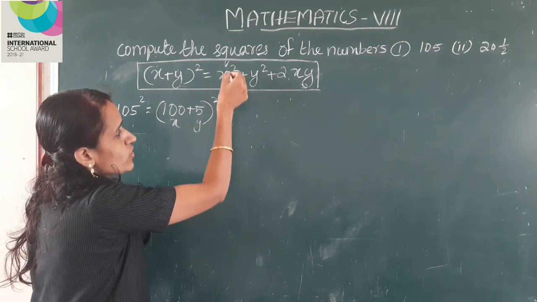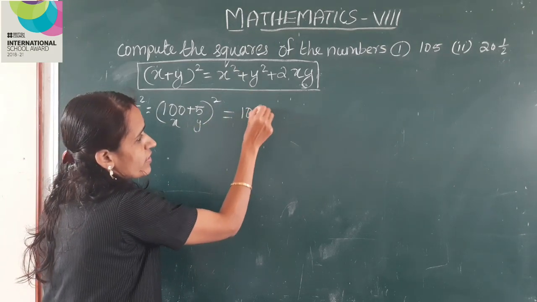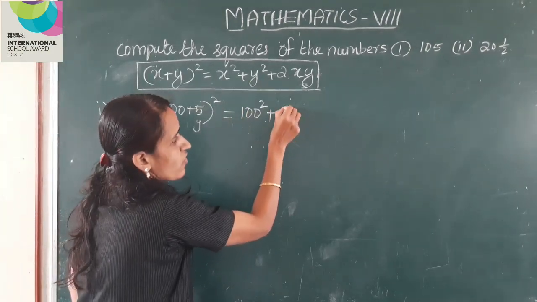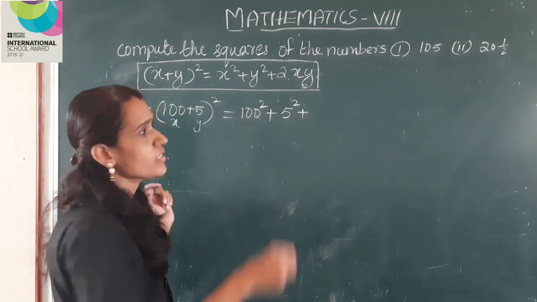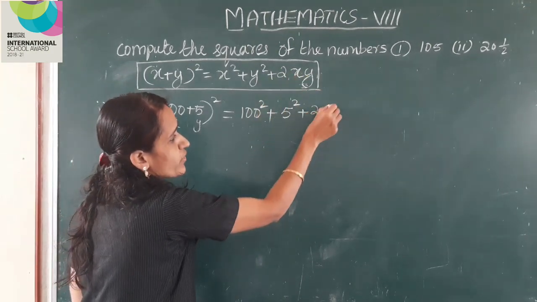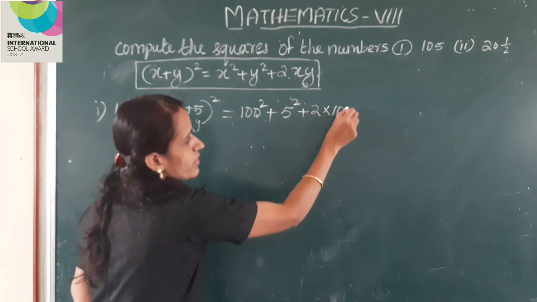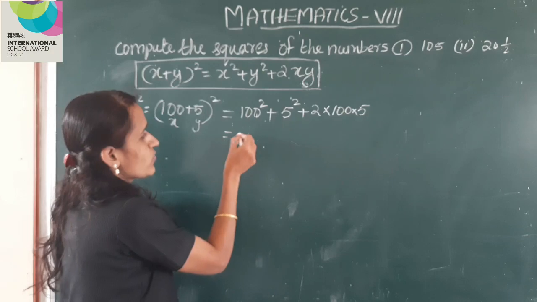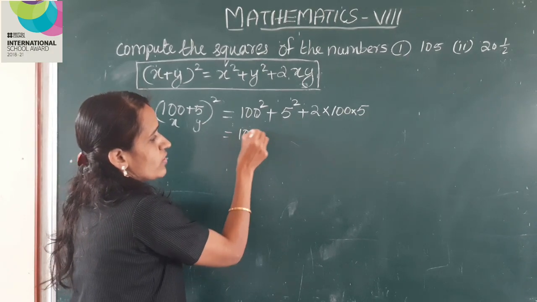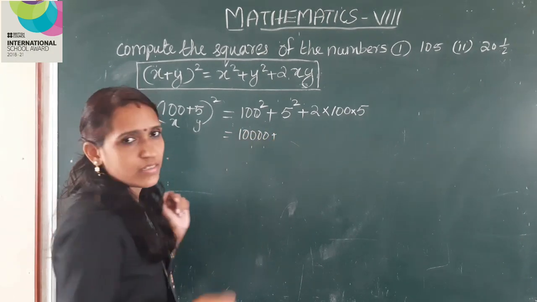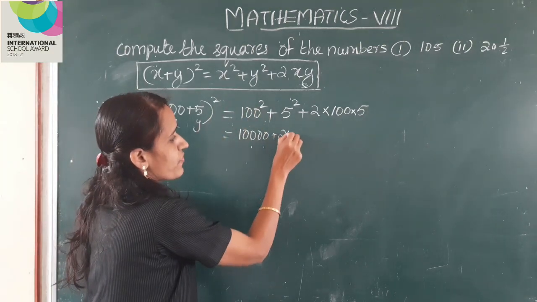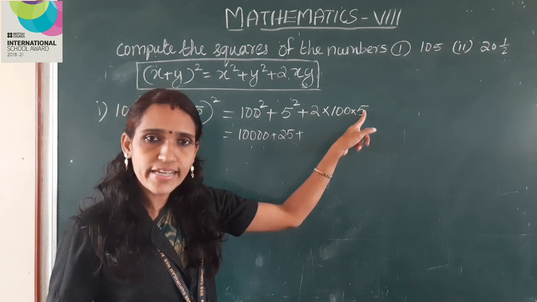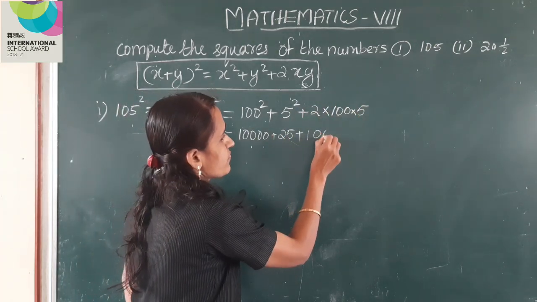This is equal to x square, that is 100 square, plus y square. Here y is 5, 5 square, plus 2 into x into y. 2 into x is 100 into y is 5. 100 square is equal to 10,000. 5 square, 25, plus 2 into 5, 10, 10 into 100, 1000.